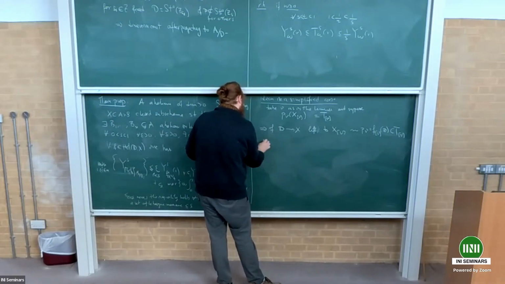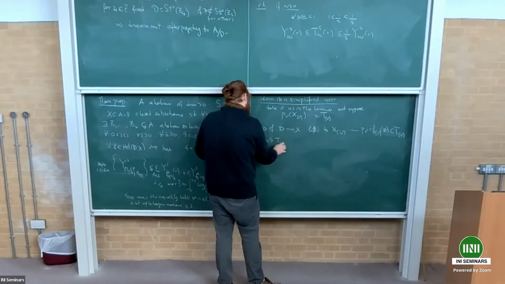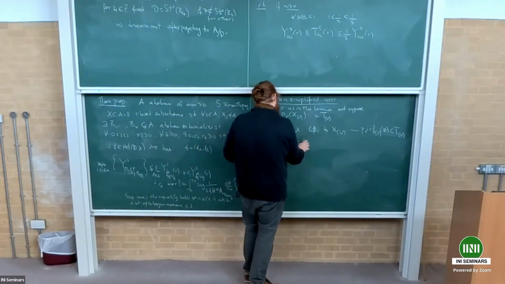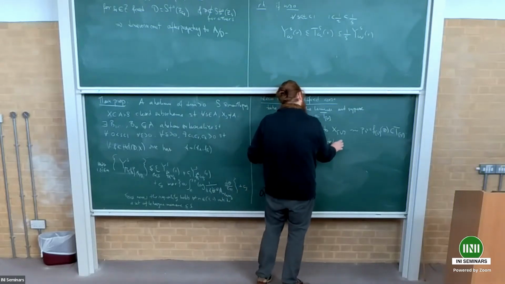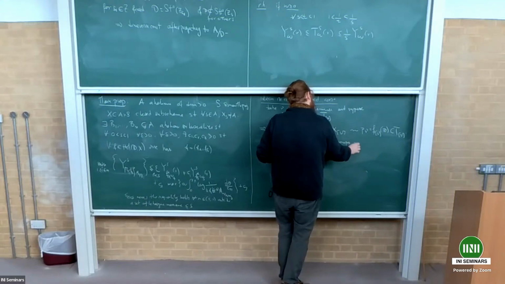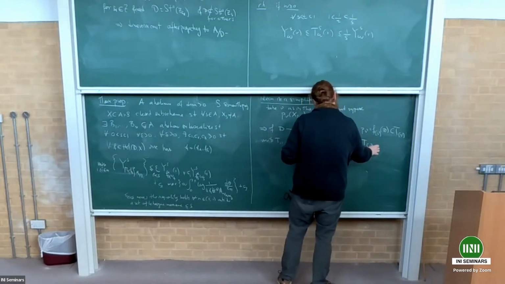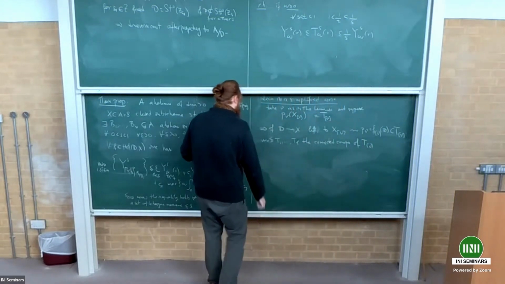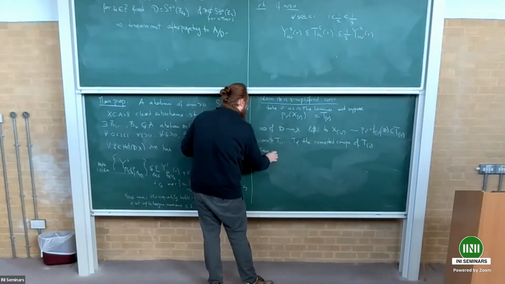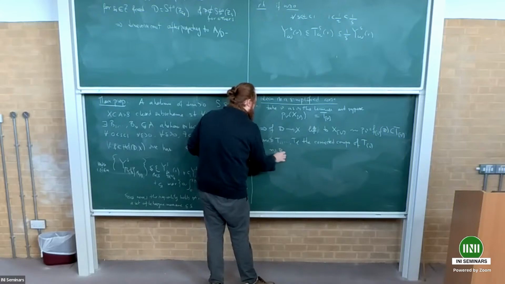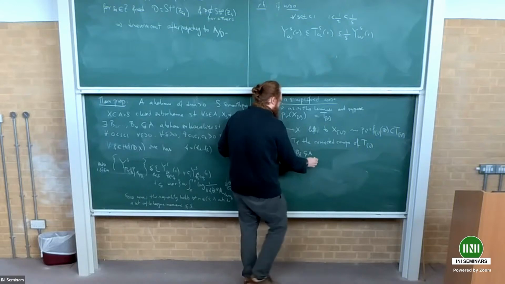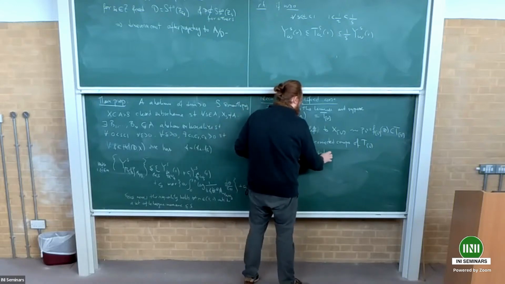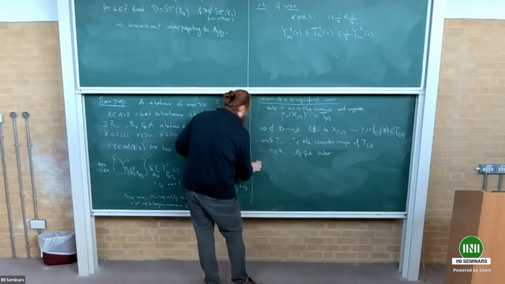Write T1, ..., TL the connected components of T_nu, and we can apply the lemma, which gives B1, ..., BL subvarieties of A, and you can apply the lemma.